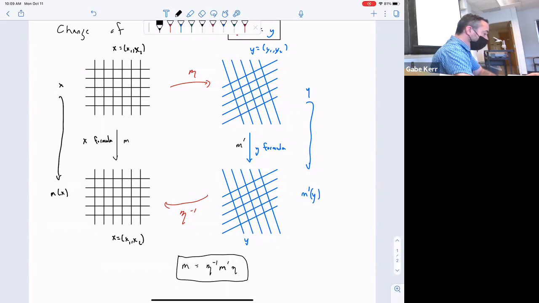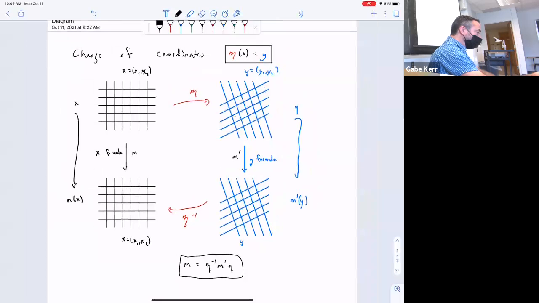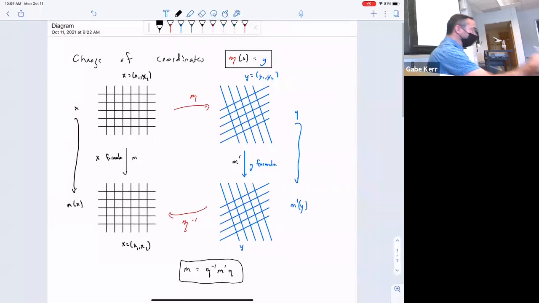But this is the equation we want to know. Because it's true if you're doing a change of basis in a vector space. It's true if you're dealing with isometries. It's true in a lot of different contexts. Now we're going to apply it to isometries, but this is just a true thing in a lot of contexts.